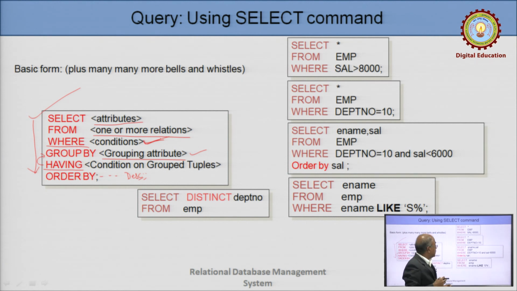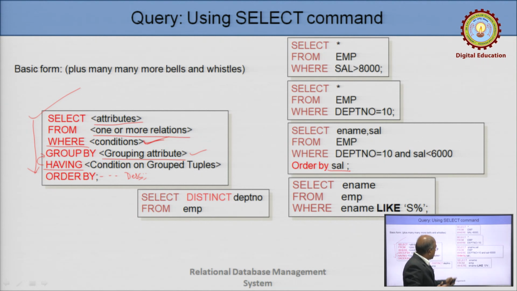Then those employees will get displayed, in the order by salary, ascending order. Employee name and salary will get displayed where ordering will take place on the salary column. The employee having minimum salary will get displayed first, and the employee having maximum salary will get displayed last.